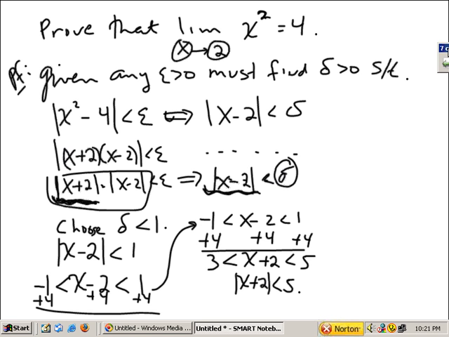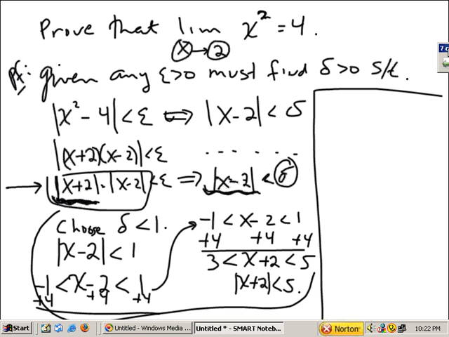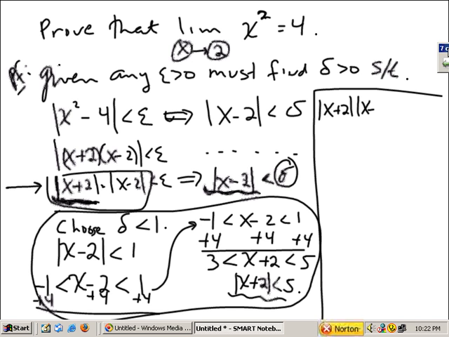Okay, so now I'm continuing underneath, but I have to write up here. We just learned something from this: if delta is less than 1, then x plus 2 is less than 5. So, the absolute value of x plus 2 times the absolute value of x minus 2 is less than epsilon.